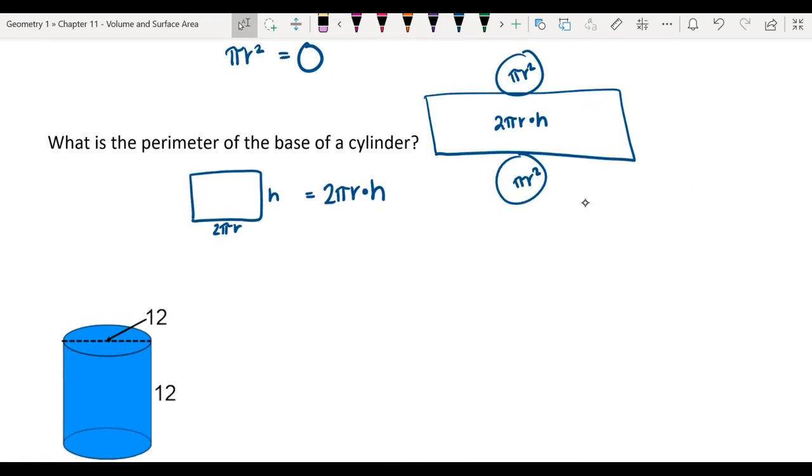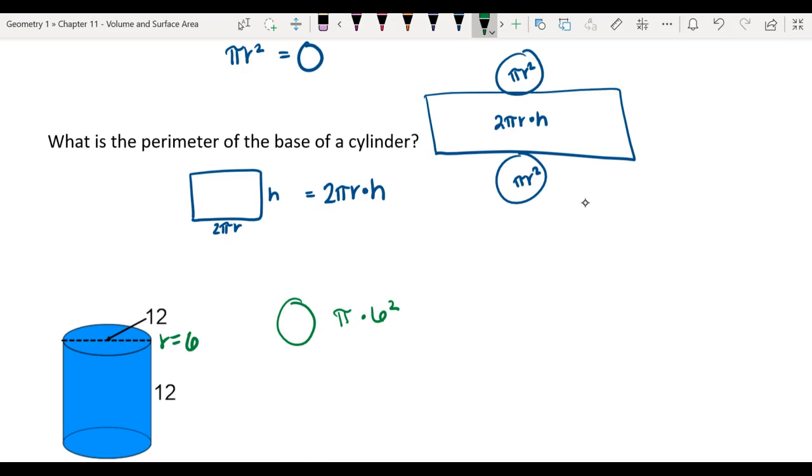So let's do this on this cylinder below. I'm going to make it smaller so we can see the picture at the same time. So this says this is 12. So what's my radius then? My radius would be 6. So I'm going to start with my top circle. I have pi times 6 squared.